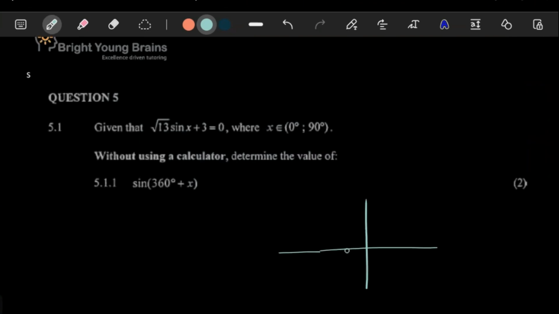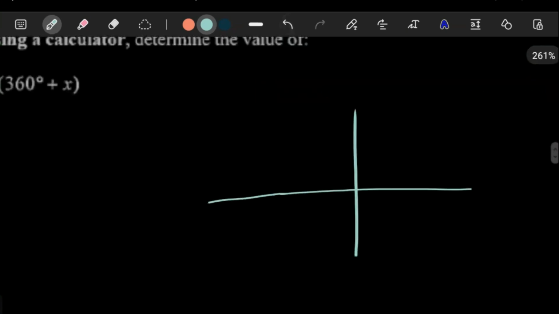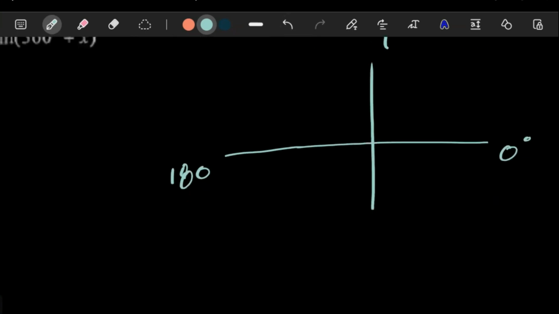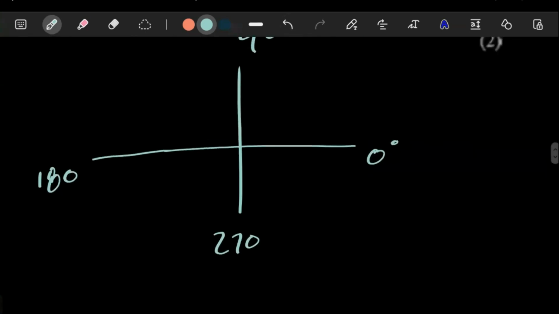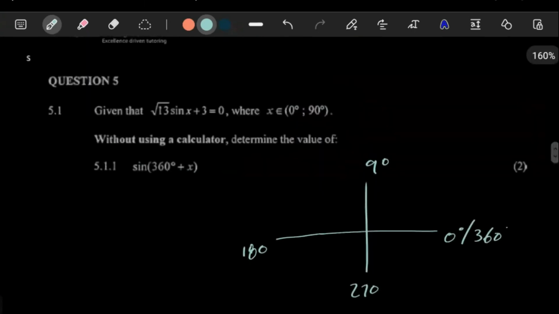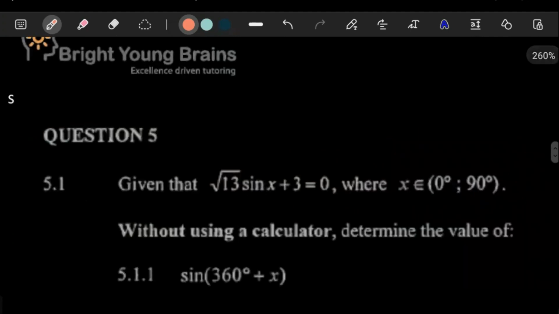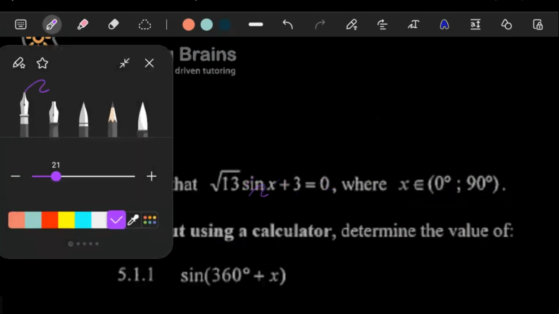Our sketch has 0 degrees, 90, 180, 270, and then 360. If they're saying x is between 0 and 90, we know that our solution has to be somewhere there. Normally what you do is put the equation in a format where your trig ratio is isolated.